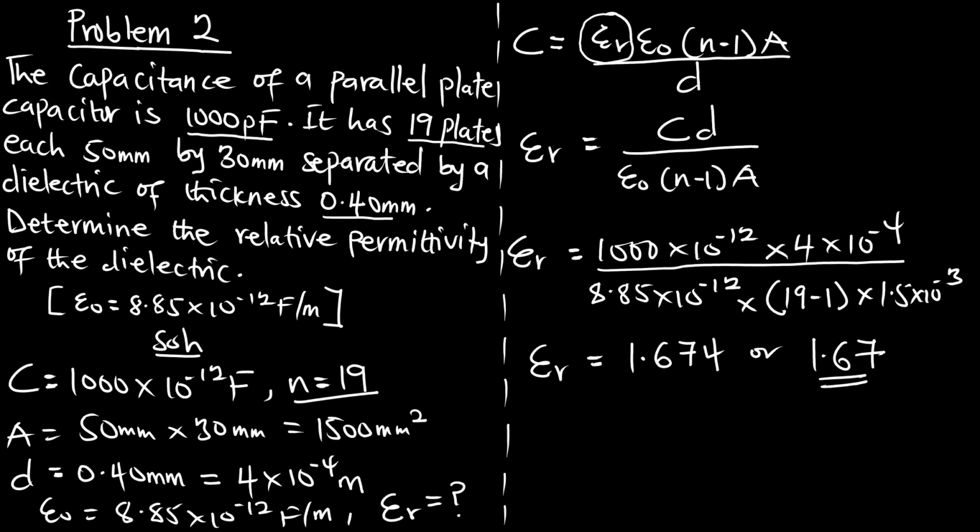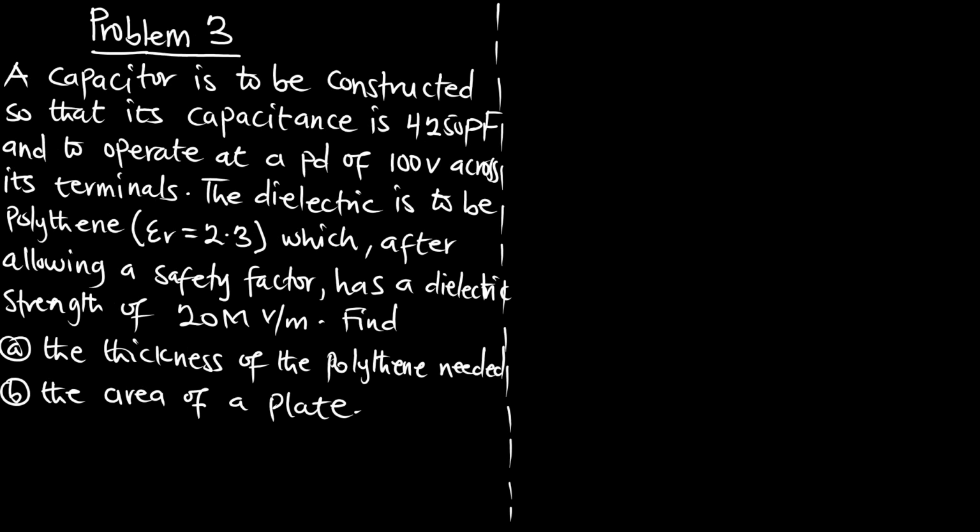Now let's look at the last problem, which is problem 3. A capacitor is to be constructed so that its capacitance is 4250 picofarad and to operate at a PD of 100 volts across its terminals.